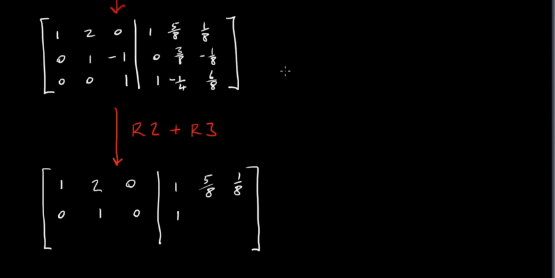Sorry, just let me work this out for a second. I have 3/8 and I've got to add minus a quarter, which is 2/8, so it's 3/8 minus 2/8, which is 1/8. That's it, yeah, 1/8. Now I've got row 2 plus row 3, so I've got minus 1/8 plus 6/8, so that gives me 5/8 here.